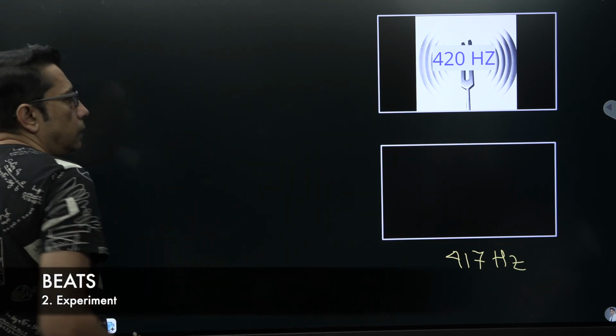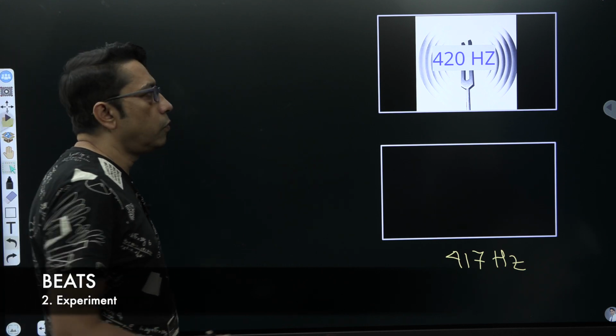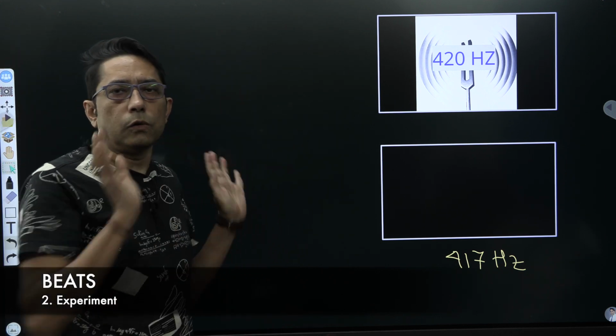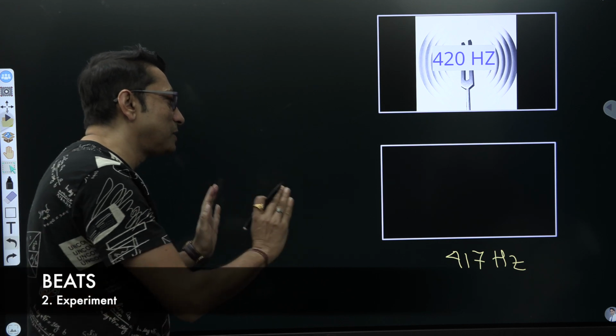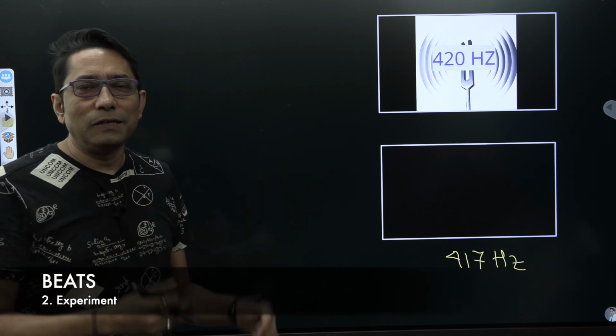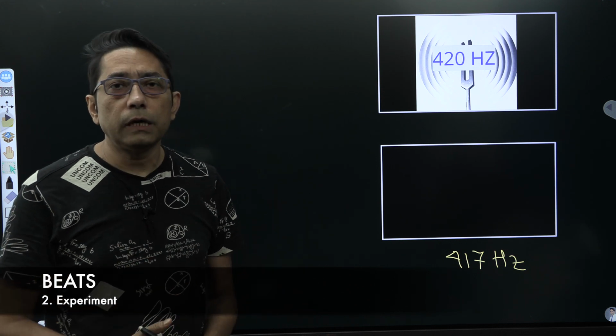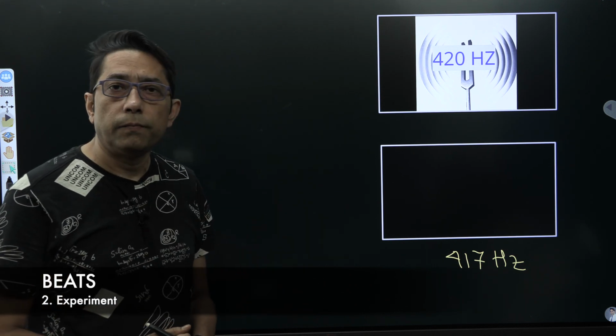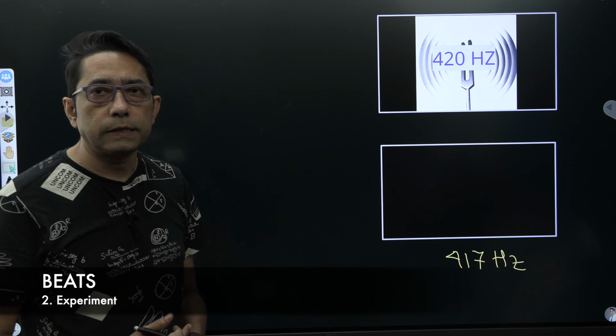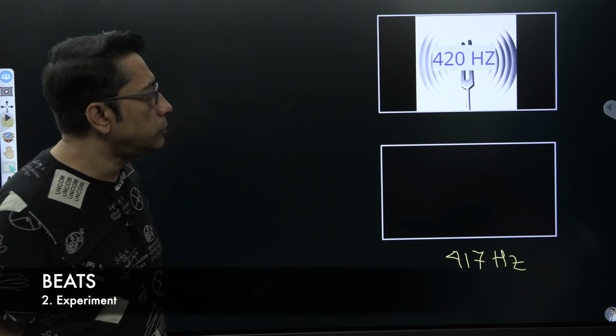So when we hear these sounds separately, 420 appears with its own dignity, and 417 is audible to us with its own dignity. What will happen if we play both the sounds together? They will create beats. How many beats per second can you tell me here?